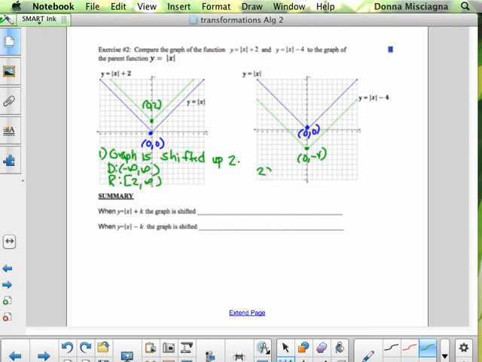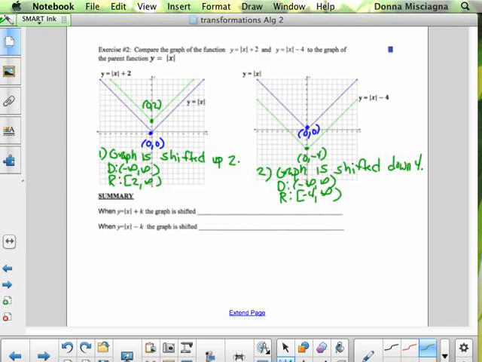So here the graph is shifted down 4. The domain is still negative infinity to infinity, but now the range is negative 4 to infinity, and we would use brackets on both of those ranges.